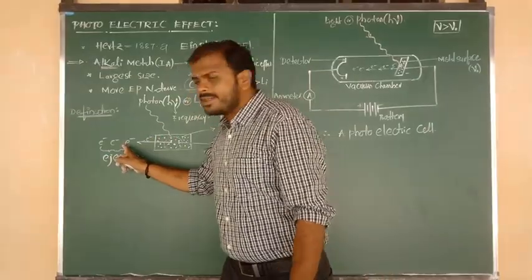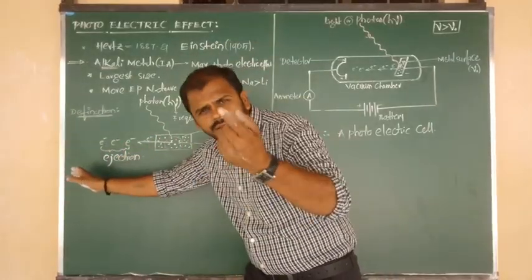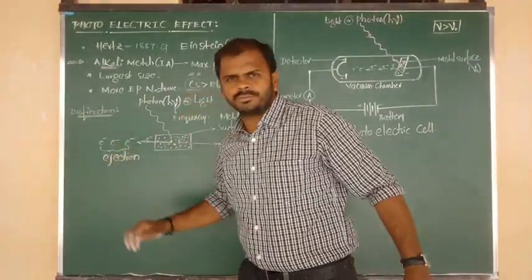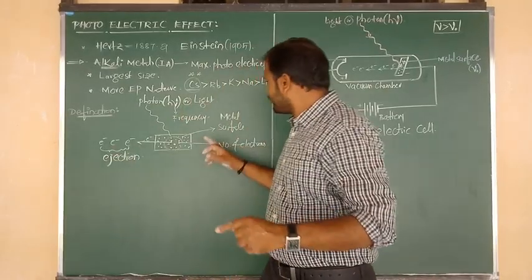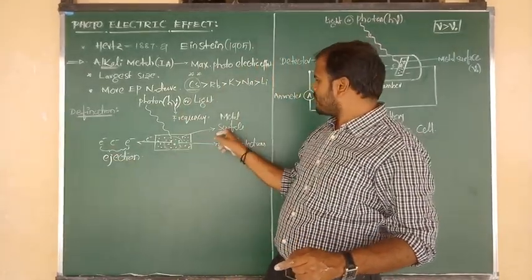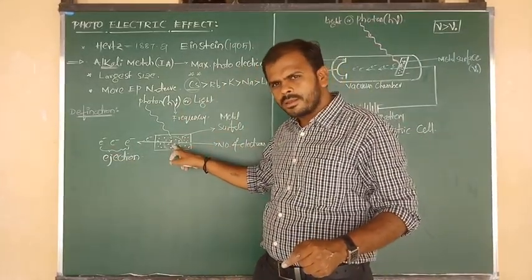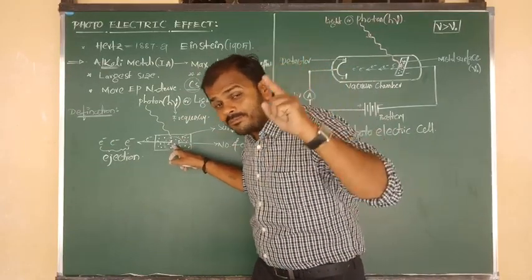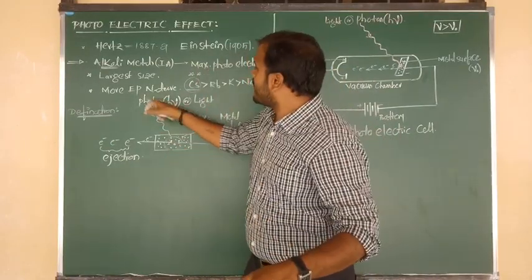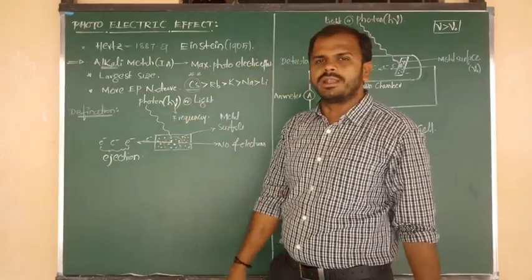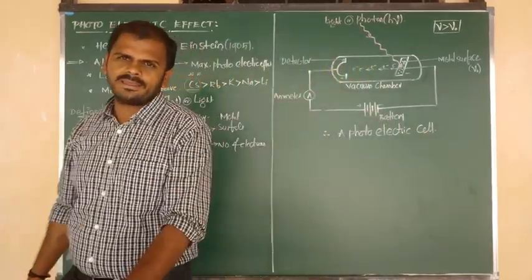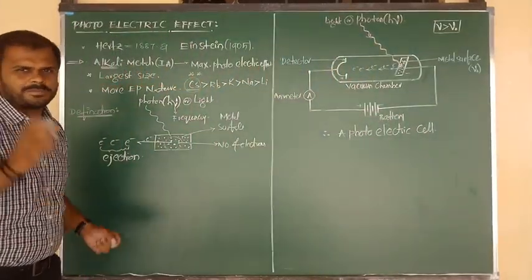So the electrons which are ejected are those released from the surface of metal. But the condition is, when the metal is struck by incident light, the light should contain a suitable frequency.